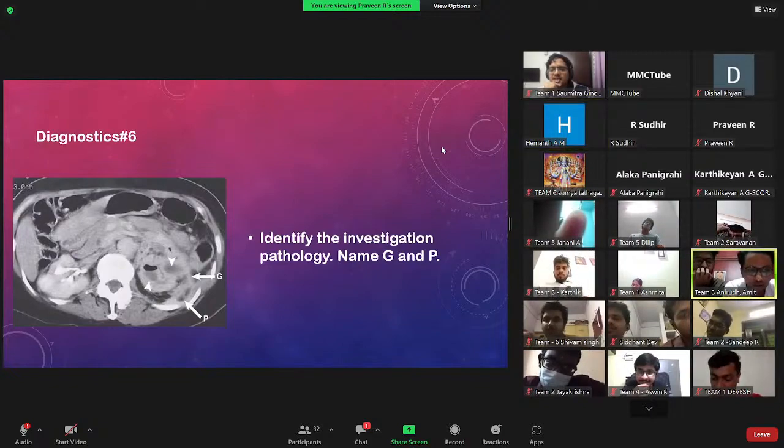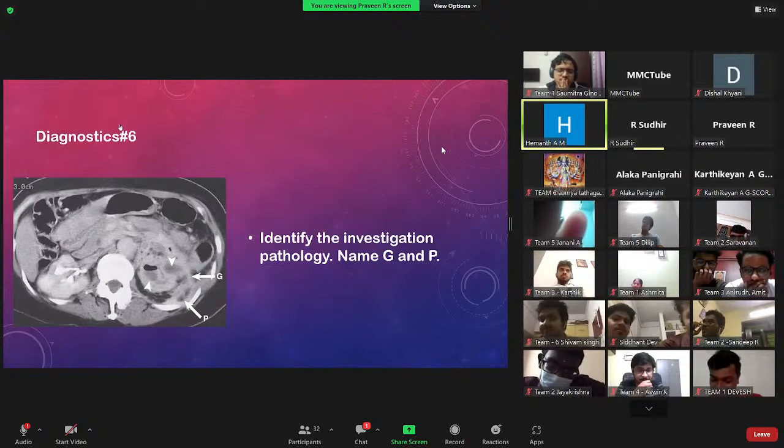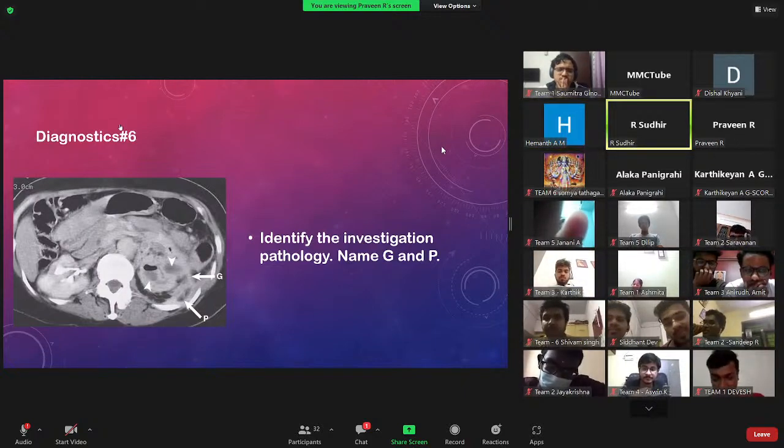Yeah, we don't know. Okay. So Team 3 has scored only. Team 6 found angiomyolipoma, muscle and fat, but I believe they have not told what G and P are. Move on to the answer slide, I guess.